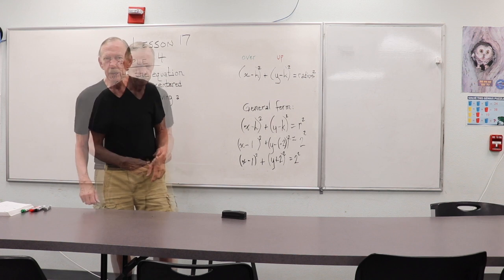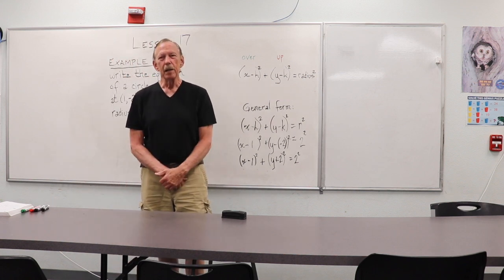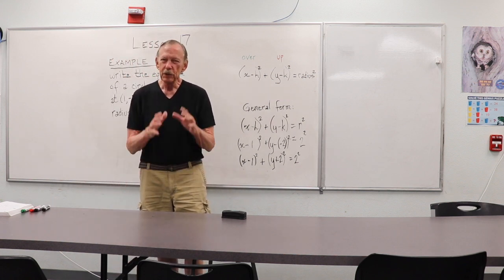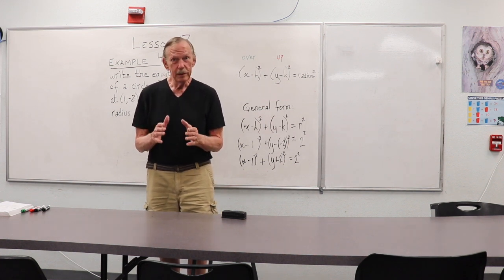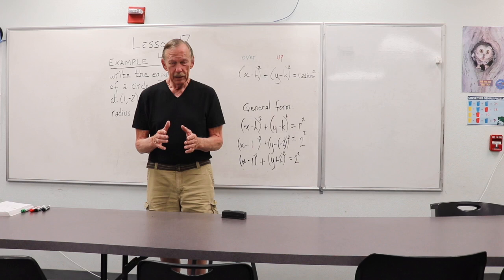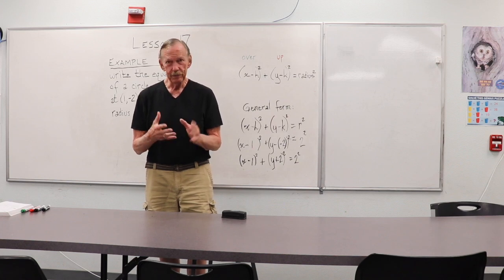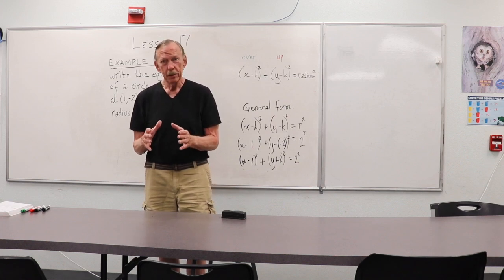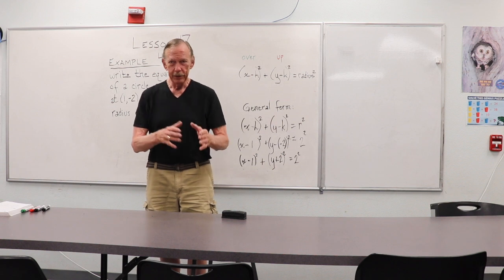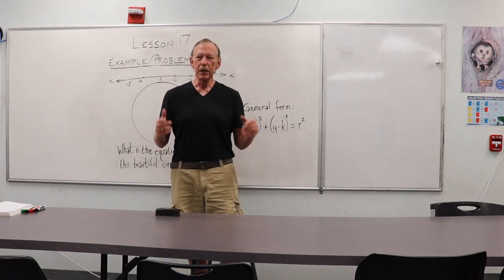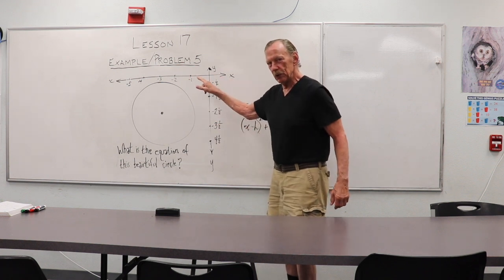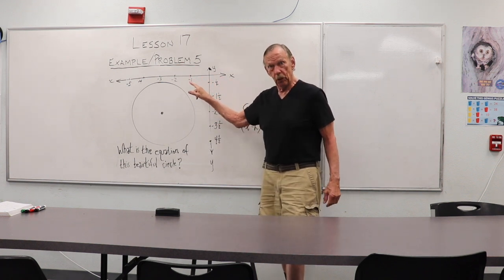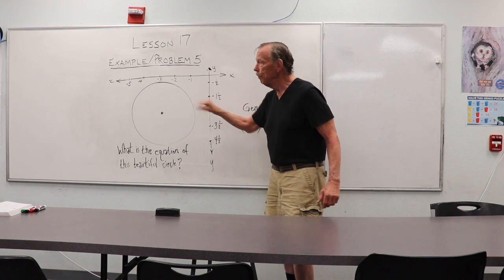Final equation. Now, in number 5, I'm giving you a problem to do, and I want to see it in your notes. It's going to be a little different because you're going to have to take what you learned so far and use it. In problem 5, it's an example, but it's also a problem, and I want to see this in your notes all worked out.